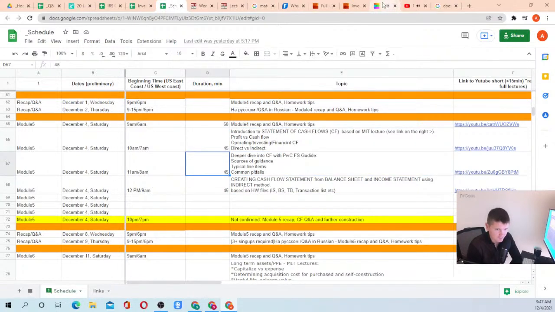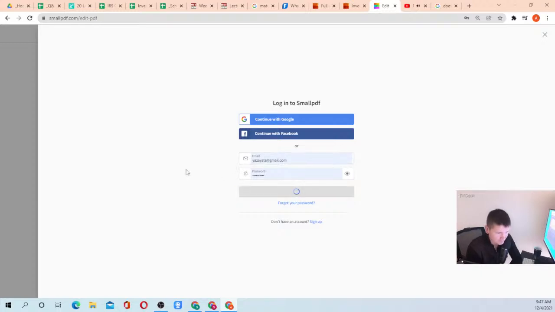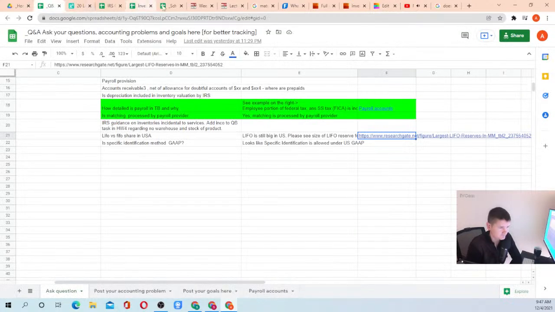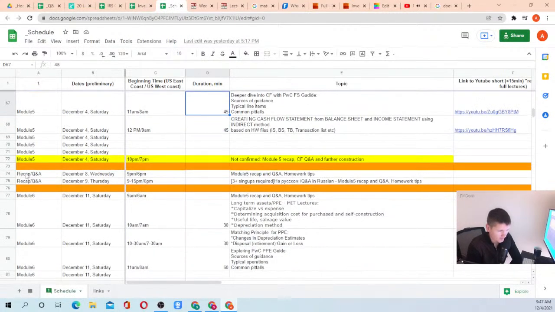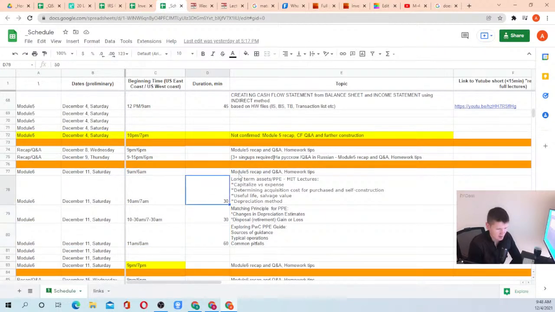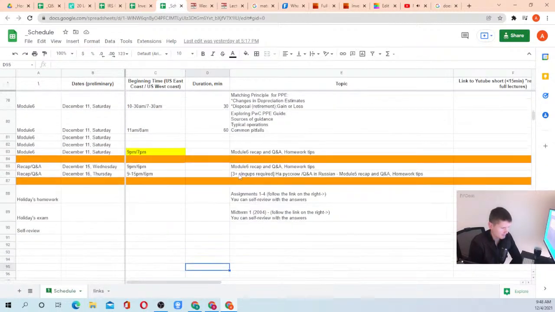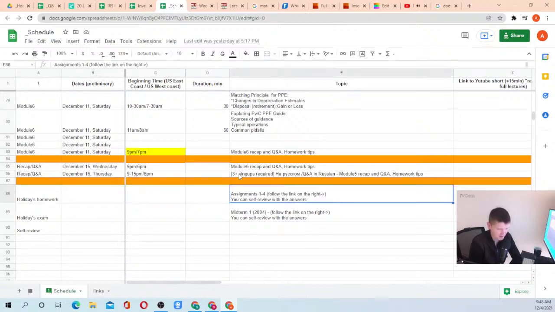And then we will have some practice related to cash flow and homework. And then on December 11, we will have property, plant and equipment modules. And then we will go for another holidays with some practical exercises.